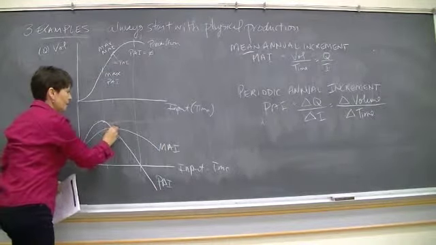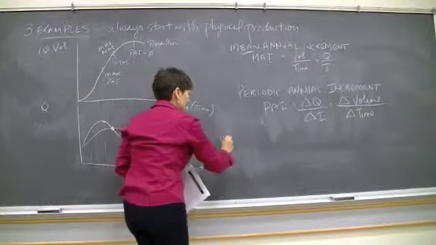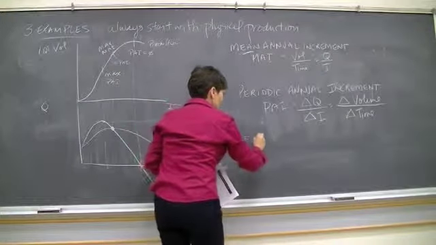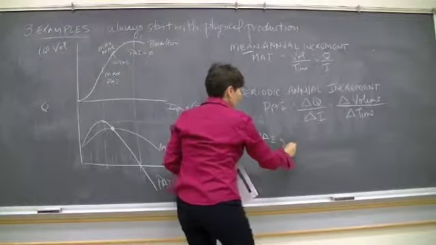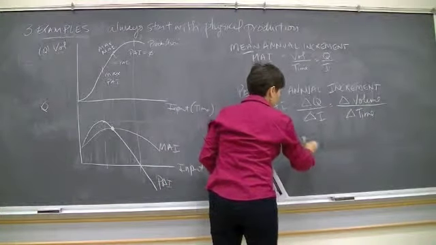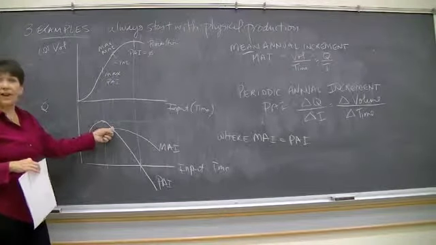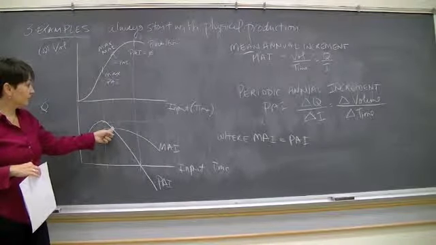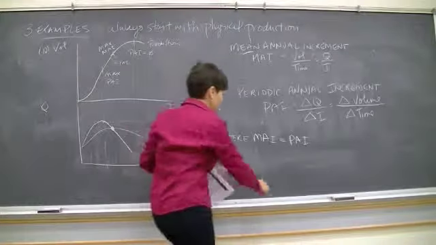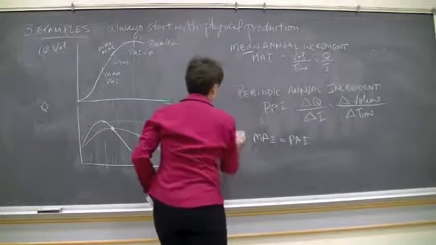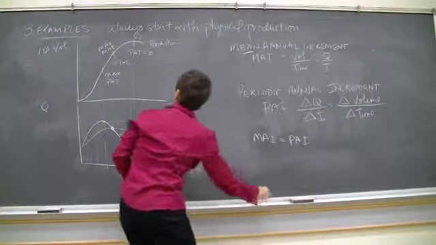So at this point, where MAI equals PAI, we can say that, well, we can't say anything yet. Hang on. We'll just leave this. MAI equals PAI at a particular point.